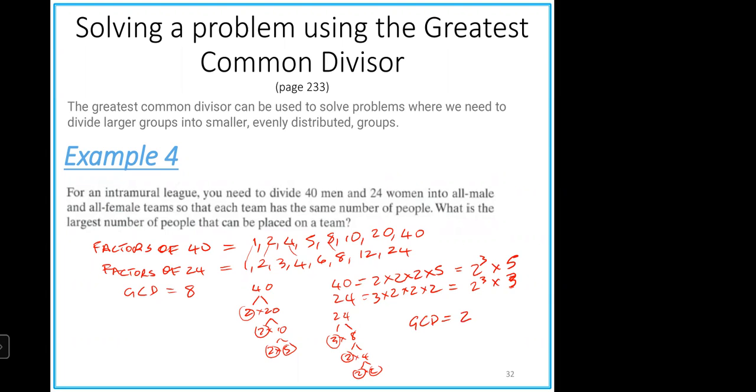And which of them has the lowest power of 2? They have the same power, 3. So it's 2 to the third. All right. So 2 to the third is equal to 2 times 2 times 2. And what is 2 times 2 times 2?